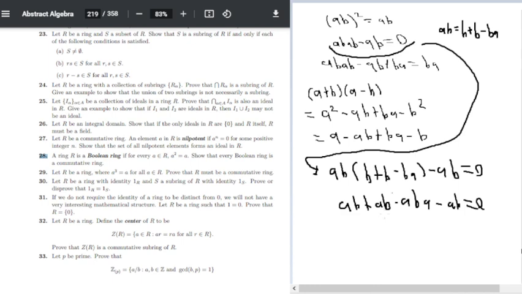We cancel these two and get that AB minus ABA is equal to 0. So we then distribute to get A, B minus BA is equal to 0.